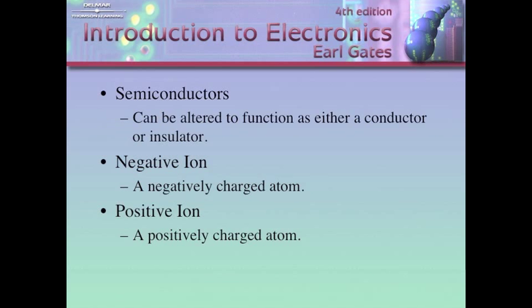You're going to learn more about those next quarter in ELEC 120. Negative ion. Here's an important term you need to understand. A negative ion is a negatively charged atom. A positive ion is a positively charged atom.